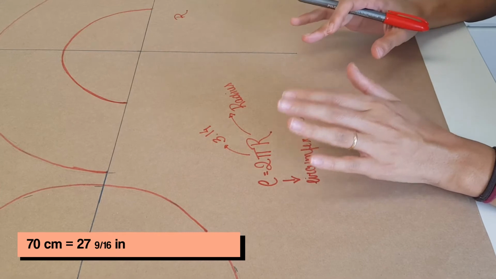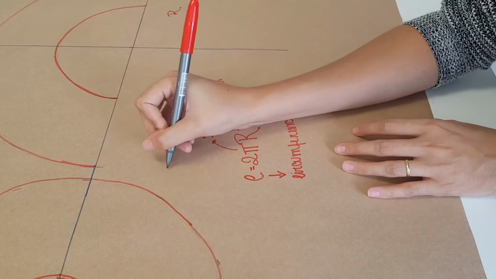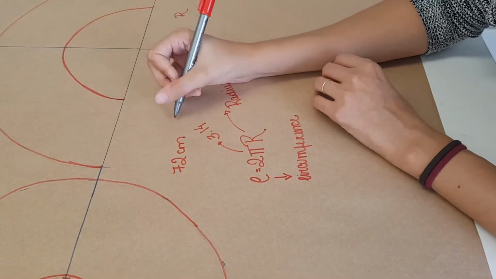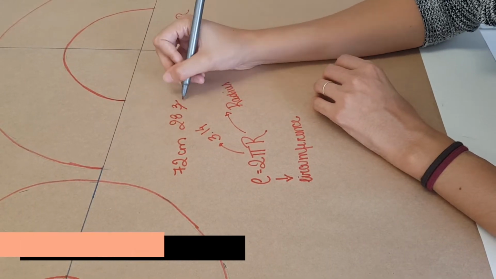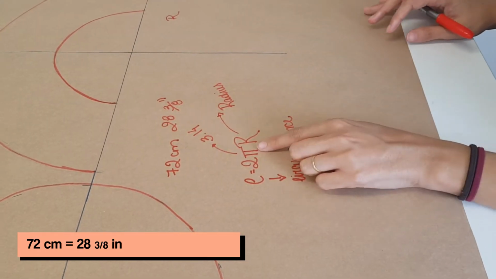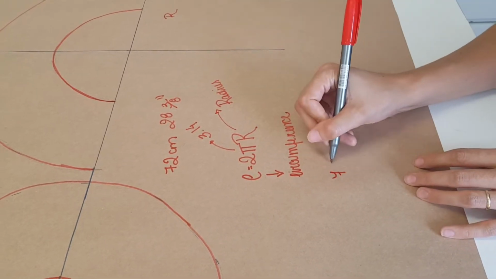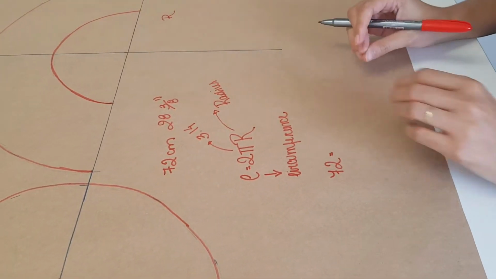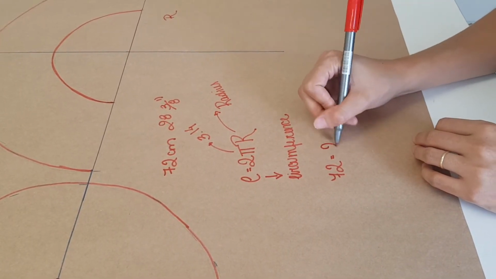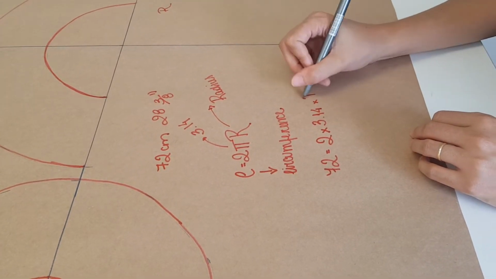You can already add to this measurement the seam allowance, okay? So I can use my waist as a 72 centimeters waist, or around 28 3/8 of an inch. This is my circumference. This is C. I know that pi is a fixed measurement, so now I'll do the math. 72 centimeters or 28 3/8 inches is equal to 2 times 3.14 times radius.